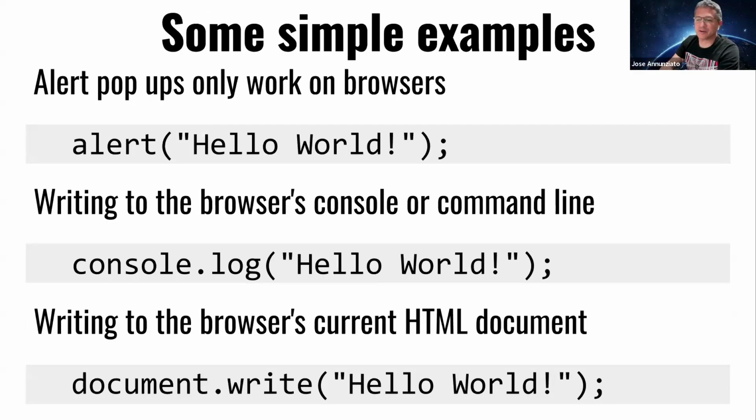So here are a few other things that you can include in a script tag: an alert box. You can do a console log, which allows you to print to the console in a browser. If you look at the web dev tools that we have been looking at, we looked at the elements tab that allows us to see the DOM. There's also the styles tab that allows us to see the CSS.